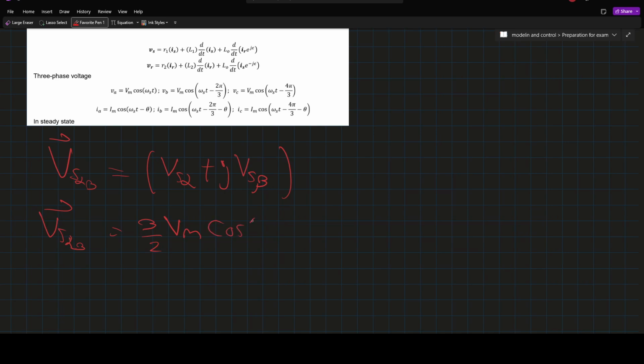multiplying cos of omega st plus j. So this was our alpha component, and here we have our beta component.